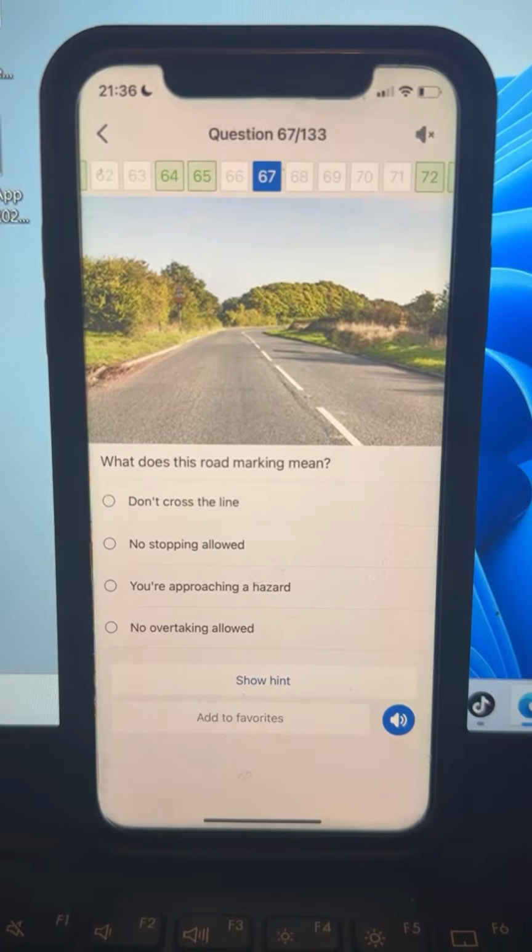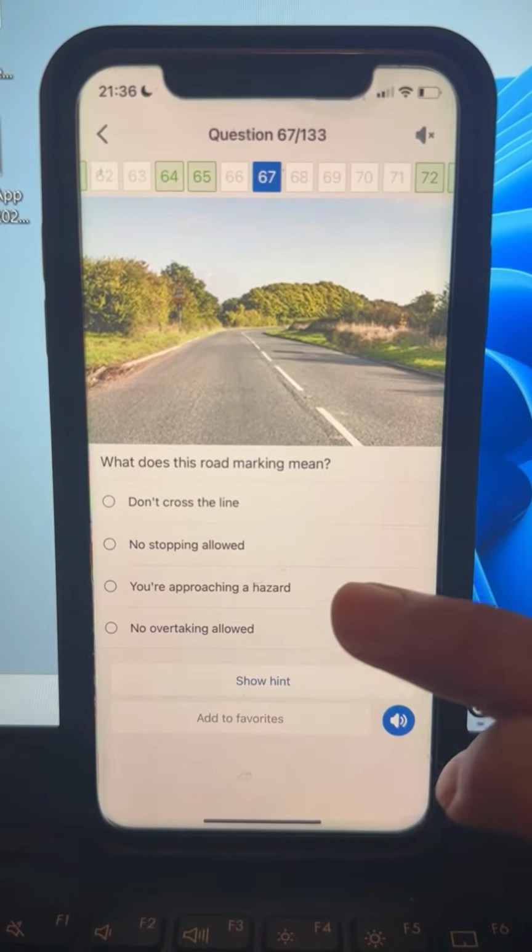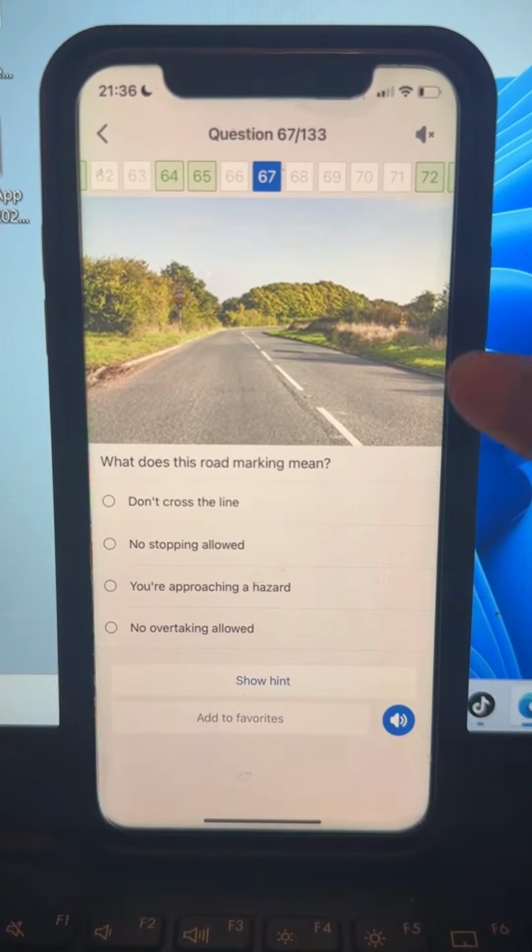Yeah, hazard warning lines is the correct option. You are approaching a hazard. Let me ask you, what hazard can you see in the picture?